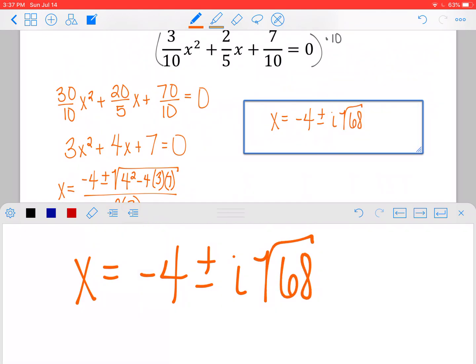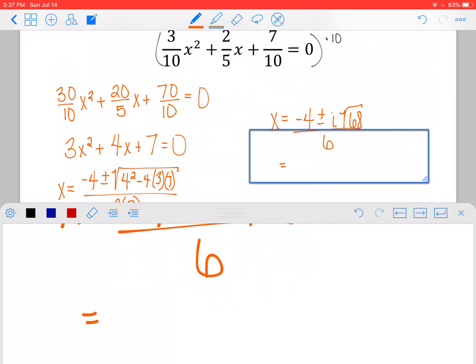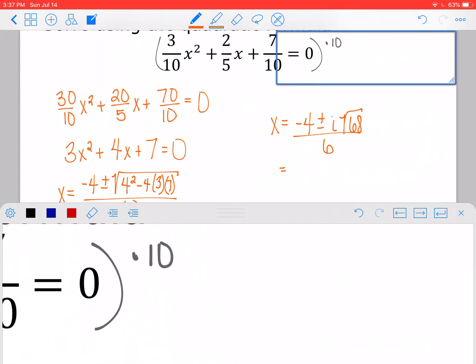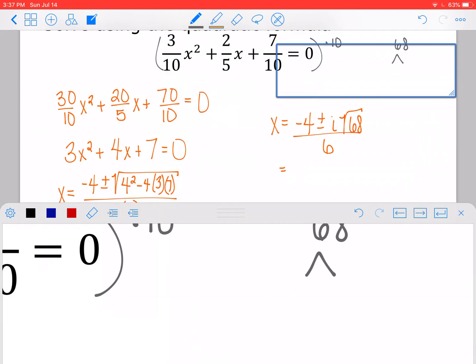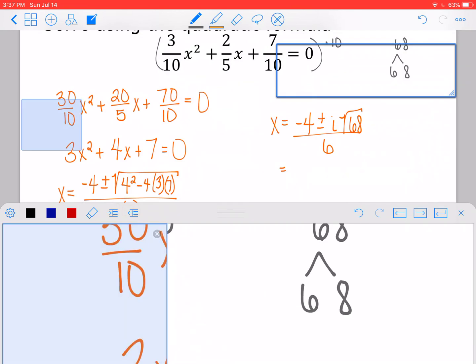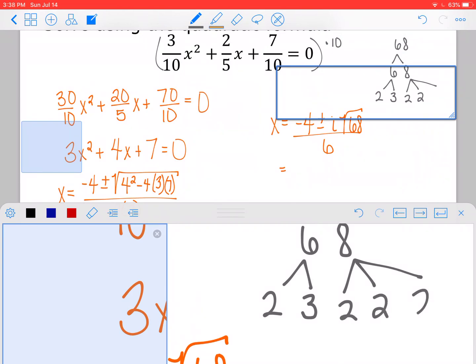6 is 2 times 3. And 8 is 2 times 4, or 2 times 2 times 2. Okay, so that's getting all those down where they can't go any further. Okay, and so what we've got is a pair of 2's here and a pair of 2's here.